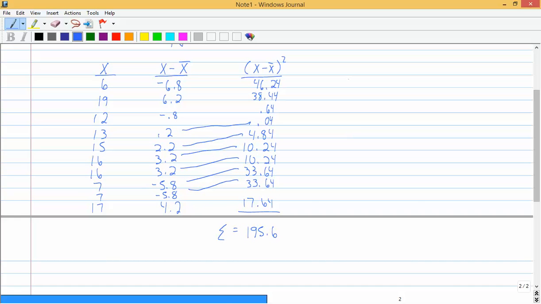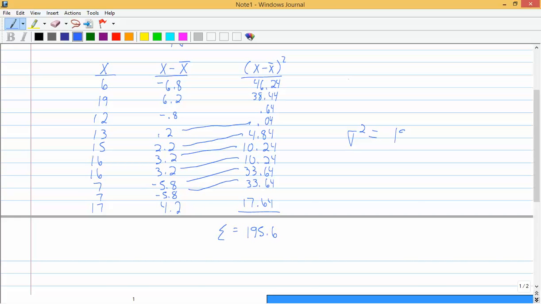Okay. So I have variance equals 195.6 divided by, and since it's population variance, you divide by the number of data items in the population, which was 10 for us. And you can do that division without a calculator. The only problem is you need to round to one place.